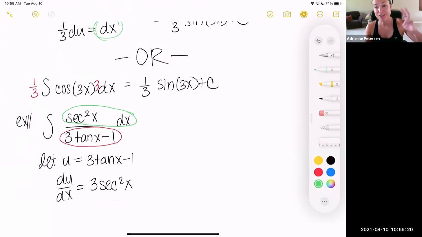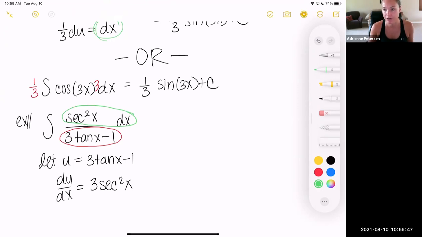Okay. If you did this the opposite way and you let u be secant squared, the question would be, what's the derivative of secant squared? I have to look at my note sheet because I can't even tell you what the derivative of secant is off the top of my head. The derivative of secant squared would be 2 secant of x times secant of x tangent of x. That's really messy, and we certainly don't see that in our integral. Okay, so that's kind of the way you would figure this out. But it could also be guess and check.